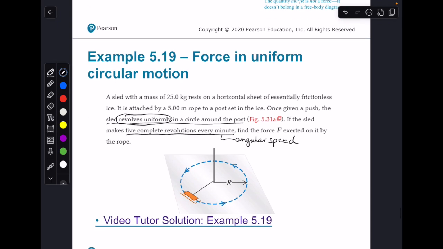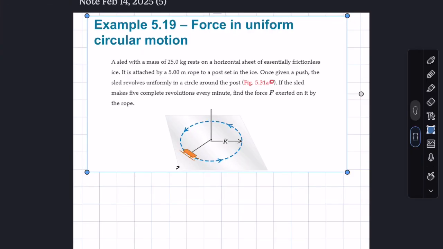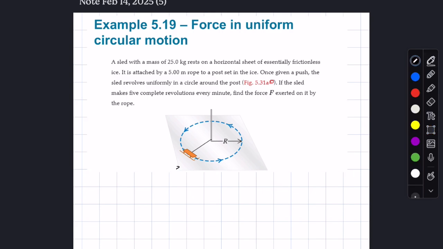So let's look at this example. Let's use this example to refamiliarize ourselves with some of the terms from uniform circular motion. We have a sled on a frictionless surface, and it has a mass of 25 kilograms.